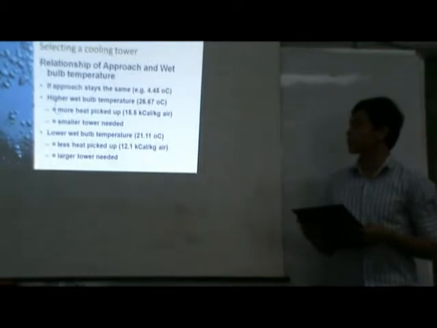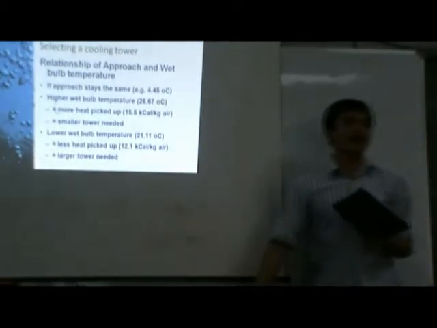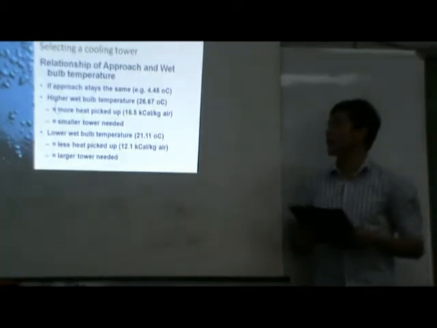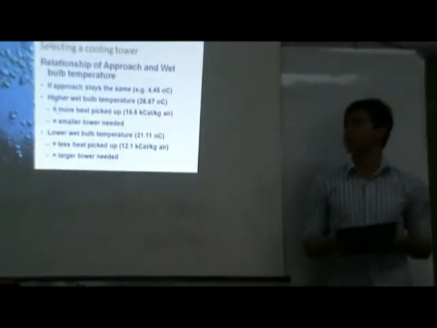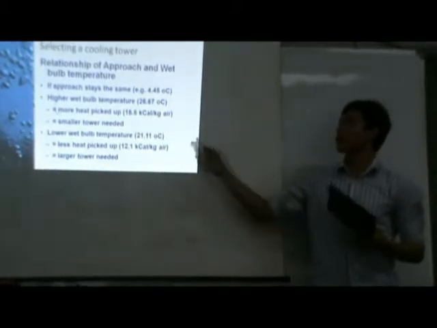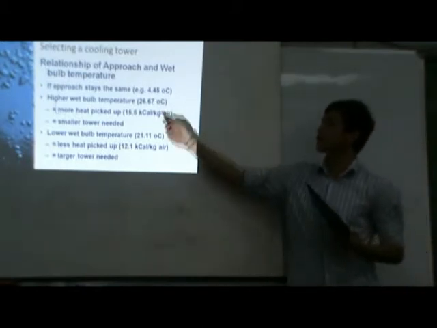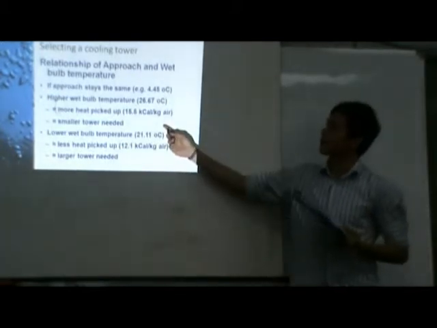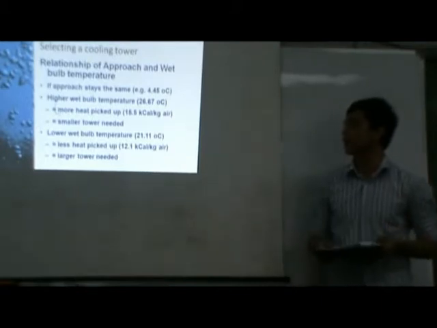Relationship of approach and wet bulb temperature. Example, yung approach natin ay 4.45 degrees Celsius. And we have a higher wet bulb temperature, 26.67 degrees Celsius. Pag higher wet bulb temperature, more heat picked up. Then for 26.67 degrees Celsius, ang heat picked up niya ay 15.5 kilocalories per kilogram air.